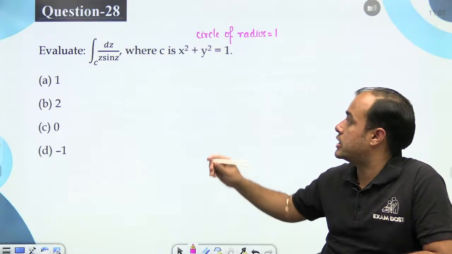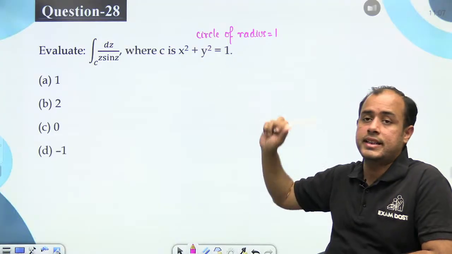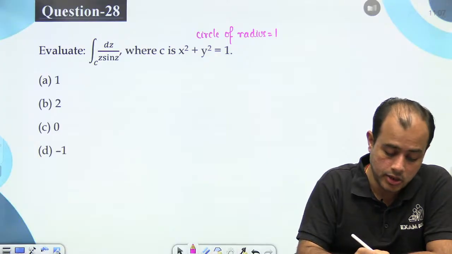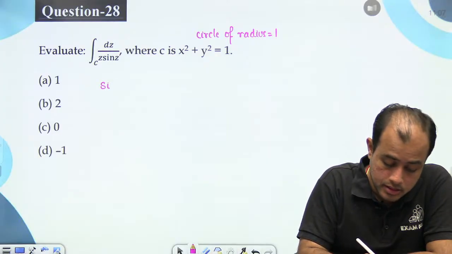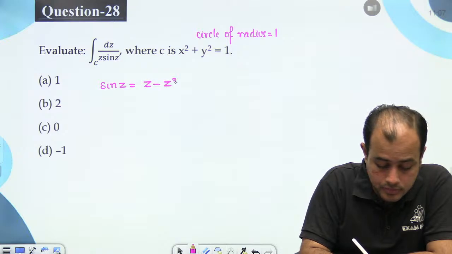Now, this question is based on complex integration. It is asking me the complex integral over a circle of radius 1 unit. Now, let's see. Sin z Taylor series, everyone must know the Taylor series of sin z.